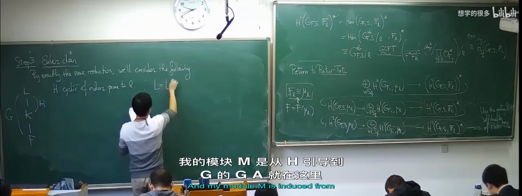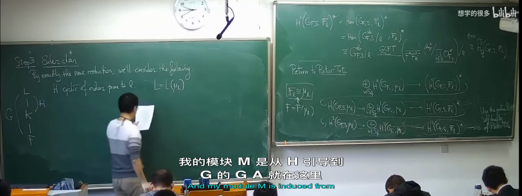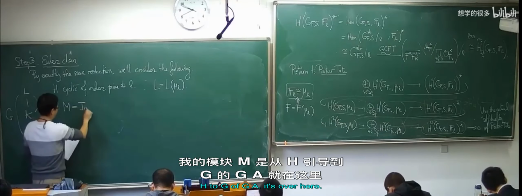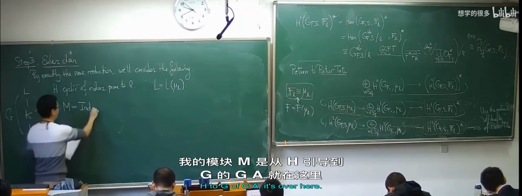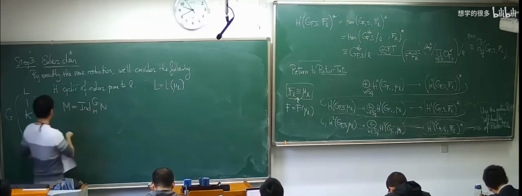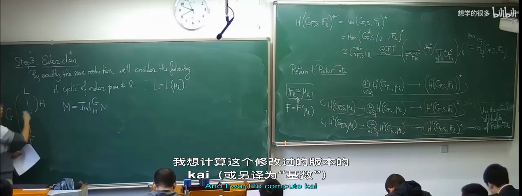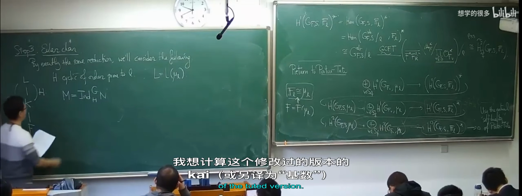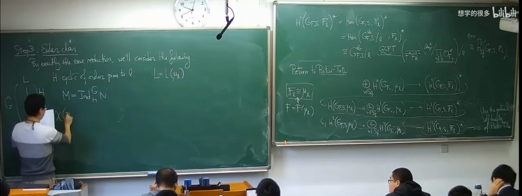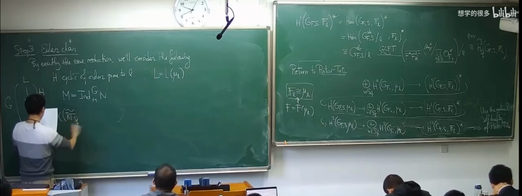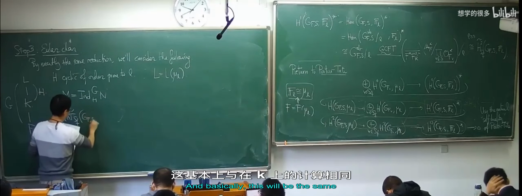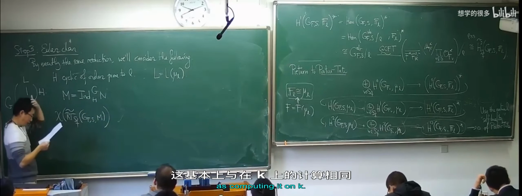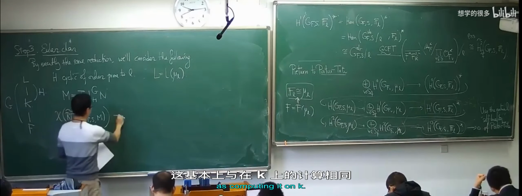And my module M is induced from H to G of an H-module that lives over here. And I want to compute chi of the twisted version. And basically this will be the same as computing it on K.